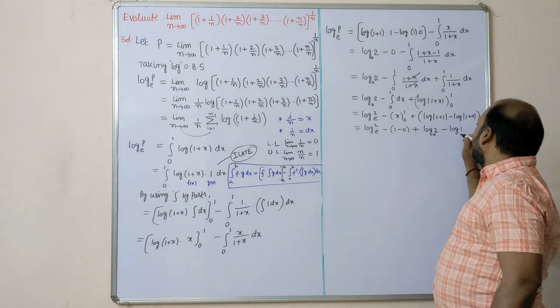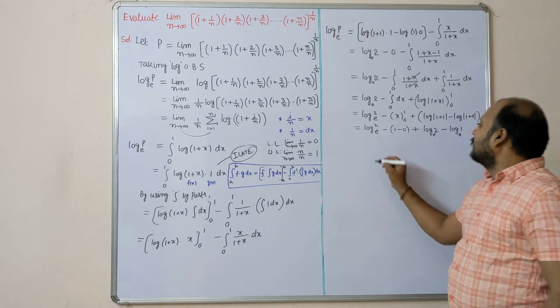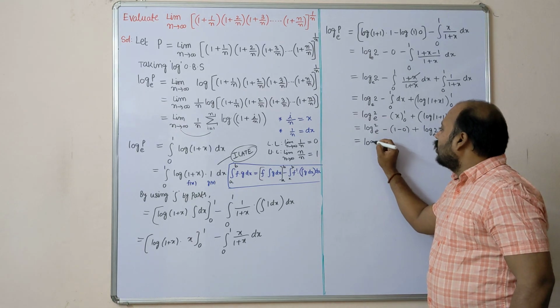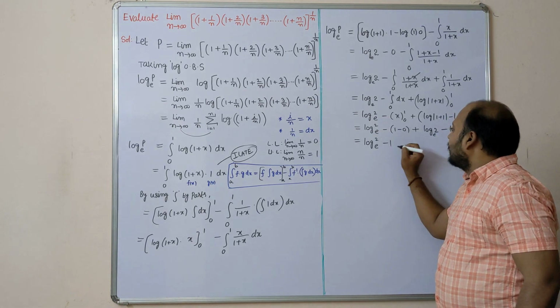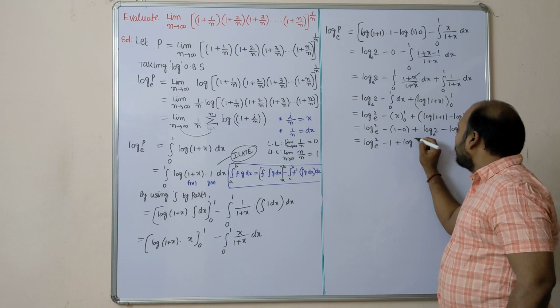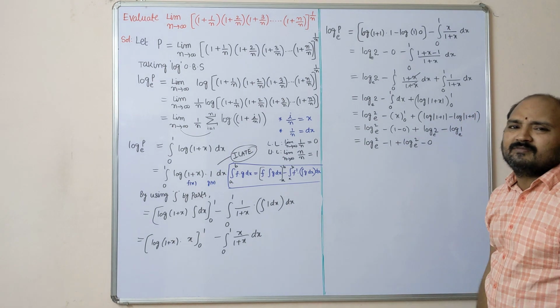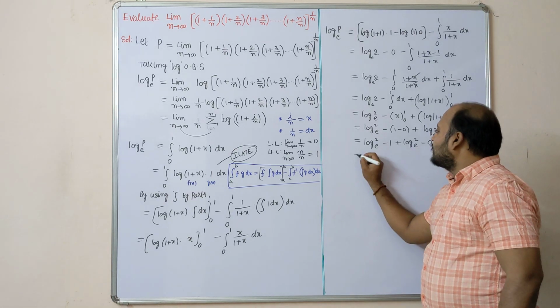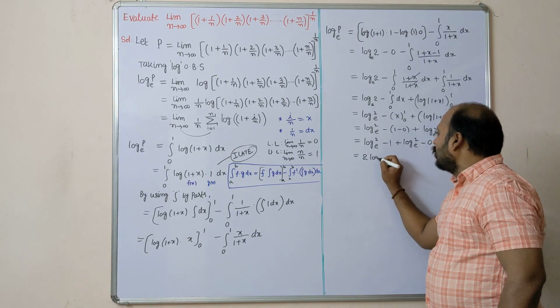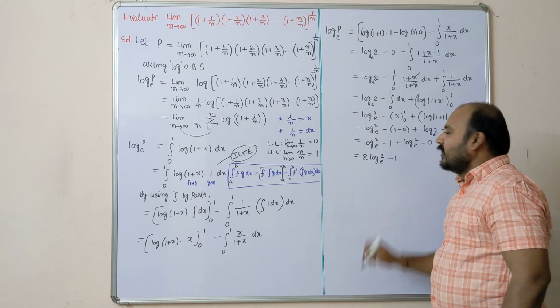Log 2 means log 2 to the base e, log 1 means log 1 to the base e. So that is equal to log 2 to the base e minus 1 plus log 2 to the base e minus log 1. Log 1 means 0. You write it. Log 2 to the base e twice, 2 times log 2 to the base e minus 1.